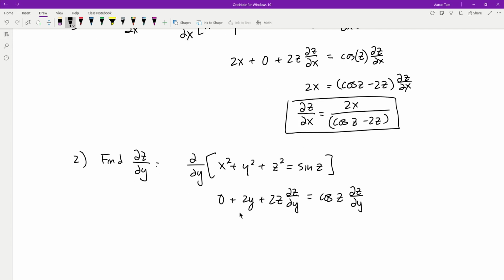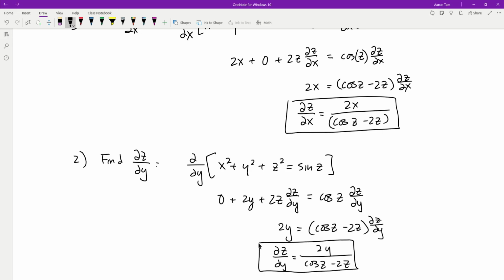If you do your math quickly, you have 2y equal to cosine z minus 2z, times dz over dy. Therefore, dz over dy is equal to 2y divided by cosine z minus 2z. Notice the symmetry between that and dz over dx, because the equation is symmetrical.